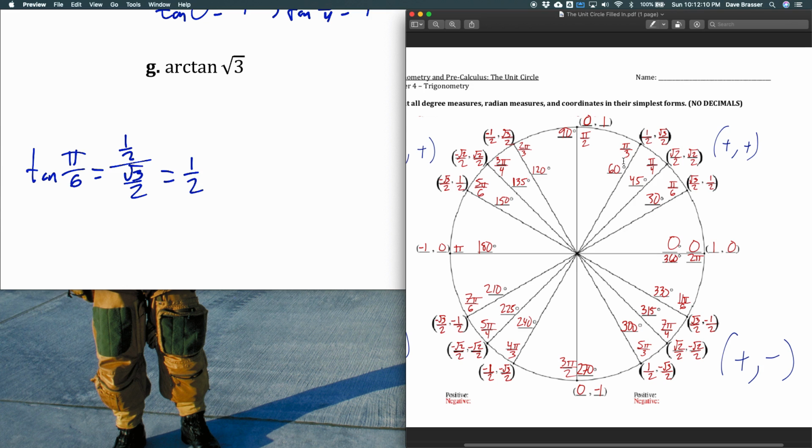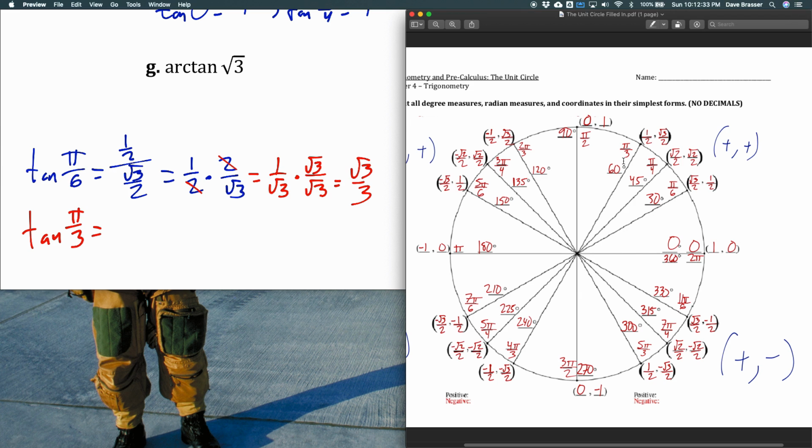Putting that in more manageable terms, we're going to do 1/2 times 2 over √3. Cancelling out the 2's, we're left with 1 over √3. But remember, we've got to rationalize the denominator, so we multiply numerator and denominator by √3, which gives us √3 over 3.